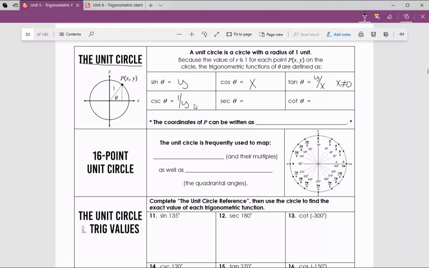Cosecant is 1 over y as long as y doesn't equal 0. Secant is 1 over x as long as x does not equal 0. And then cotangent is tangent's reciprocal, so that would be x over y as long as y does not equal 0.